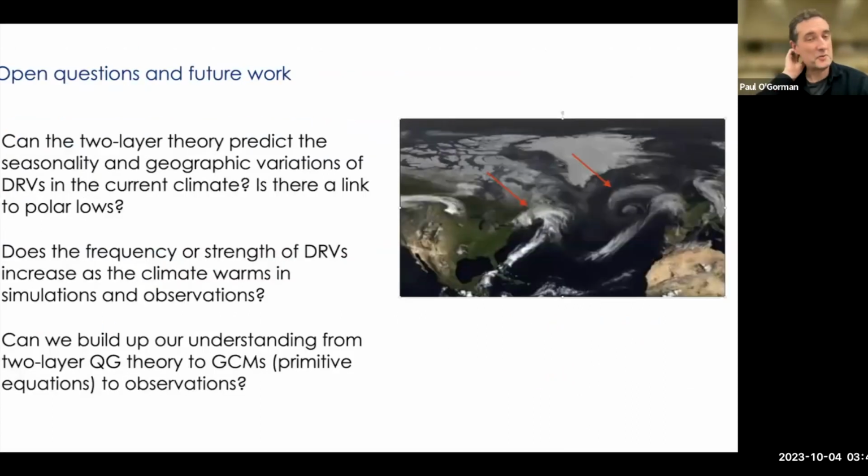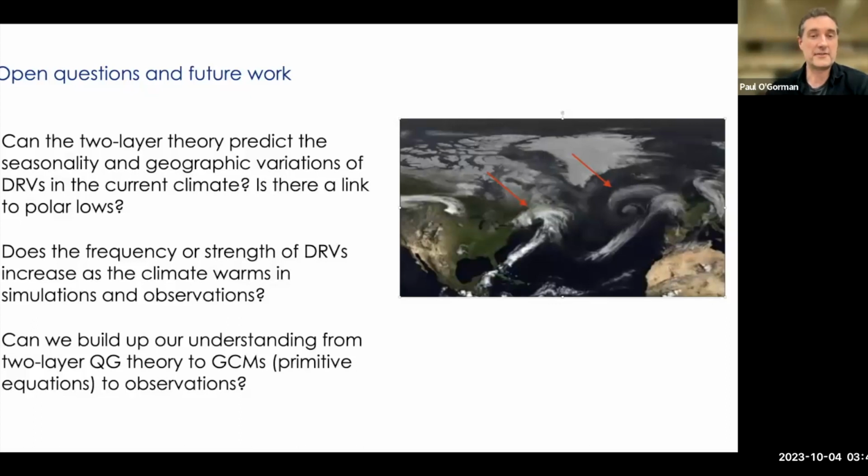I think there's a lot of open questions in future work. So these DRVs in our current climate only preferentially occur in certain seasons. They have hemispheric differences, seasonal differences, and we've got this growth rate. There's been a lot of work in the past about trying to explain the distribution of storms, where storms grow, how fast they grow, using simple theory like the Eady growth rate.